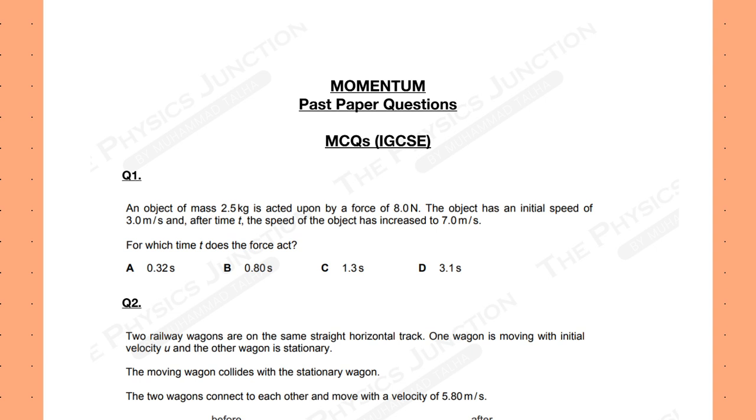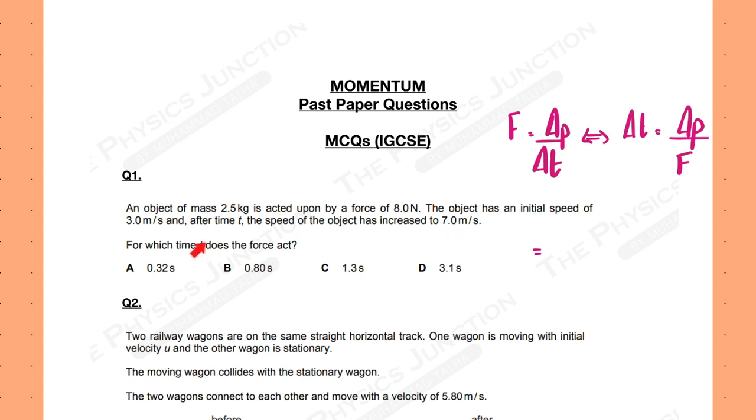So we know that the definition of force is the rate of change of momentum. And similarly, I can also rearrange this and say that the time for which the force acts, which is t here, is the change of momentum divided by force. So for the change of momentum, I just saw that the mass of the object was 2.5 kg.